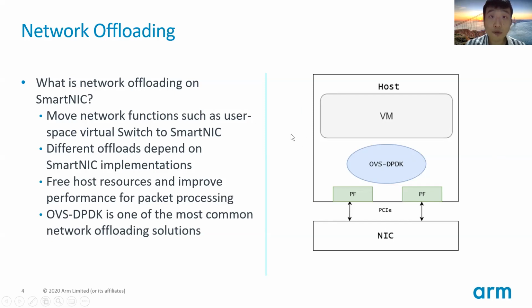Because we offload the network functions to the SmartNIC, the SmartNIC will help free host resources and improve performance for packet processing. OVS-DPDK is one of the most common network offloading solutions.